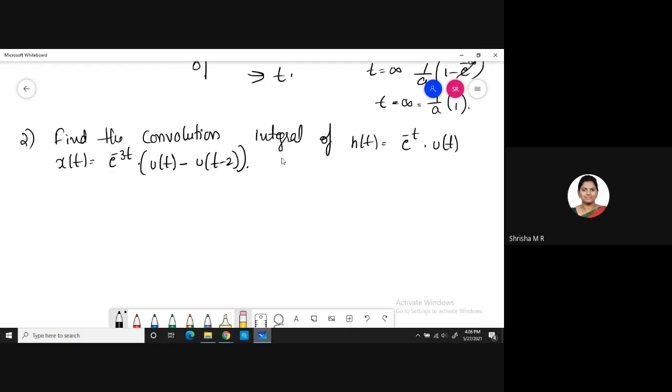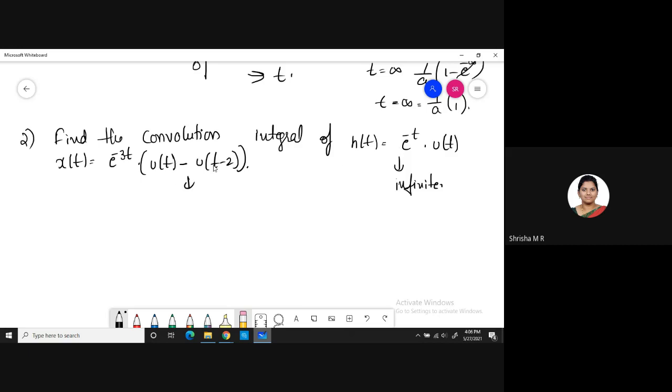When a problem is given to you, first try to check if it's a finite or infinite sequence. What type of sequence is this h of t? Infinite, ma'am. What about this x of t?